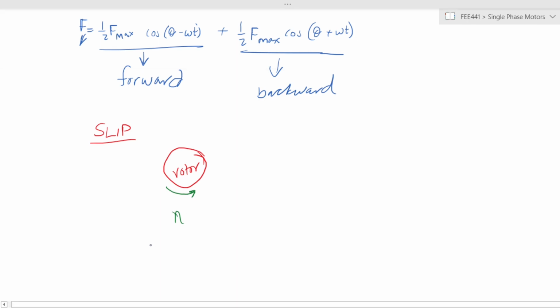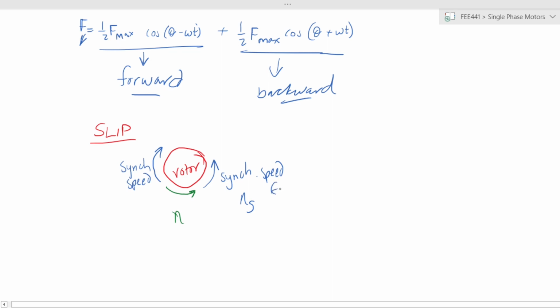In this particular case, you will have the synchronous speed going in that direction as well, right? Let's call that synchronous speed ns. Okay. However, we said that there are two different components of all the forces that are acting within the rotor. So what does that mean? You will actually have two different synchronous speeds.